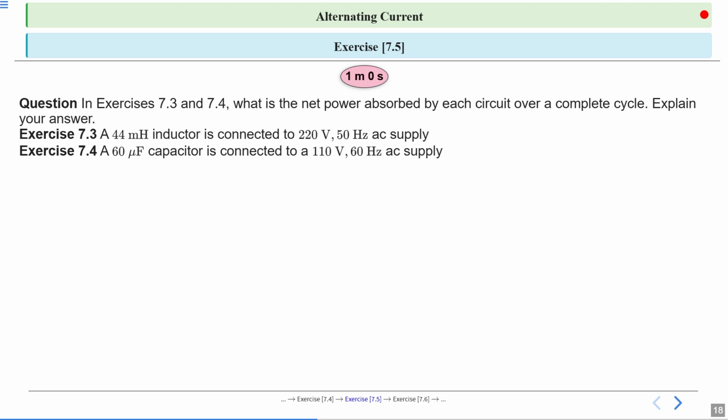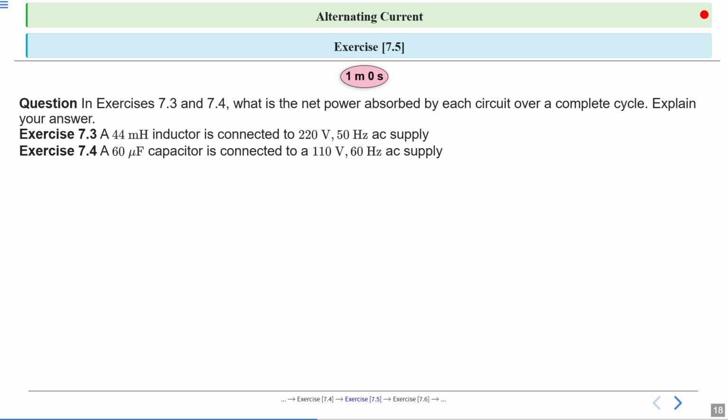So in exercise 7.3 and 7.4, what is the net power absorbed by each circuit over a complete cycle? So for the inductive circuit and for the capacitive circuit, what is the average power absorbed over a complete cycle? Explain your answer. In the theory section, we have discussed that average power absorbed over a complete cycle in a purely inductive or purely capacitive circuit is 0. But here we have to calculate it mathematically and explain our answer.